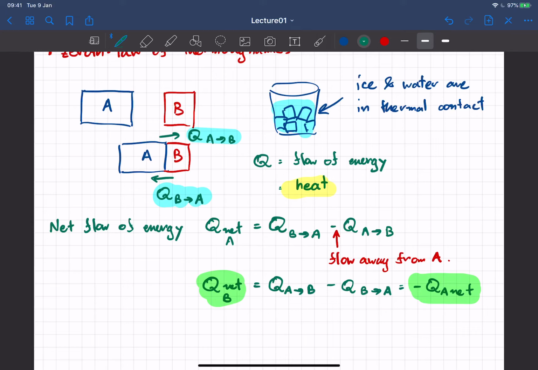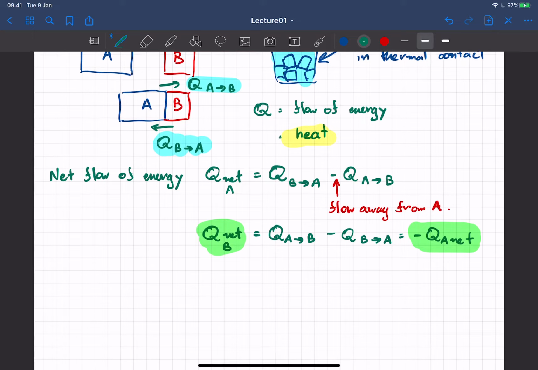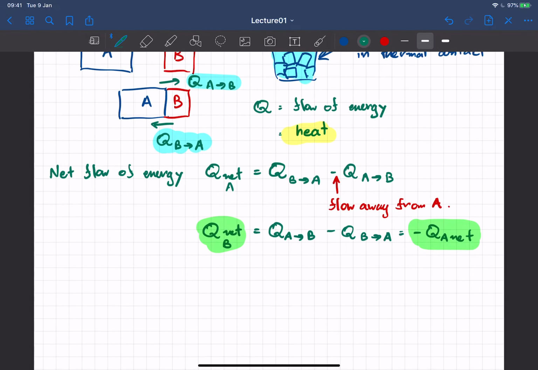Okay, so this minus sign is going to indicate that the total energy flow must be 0. So if I combine this and this together, Q_B net plus Q_A net must be equal to 0.